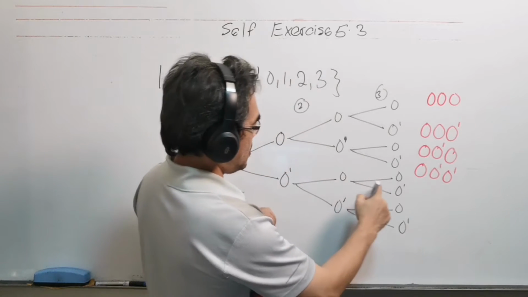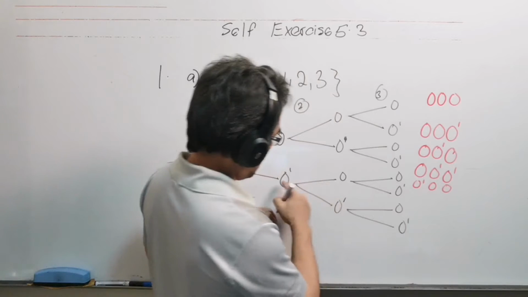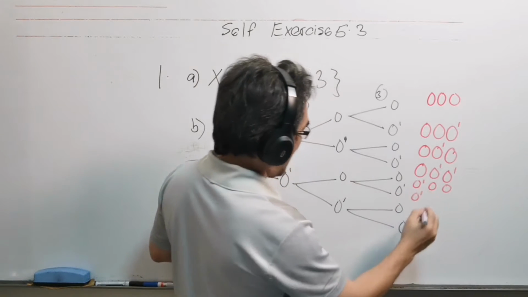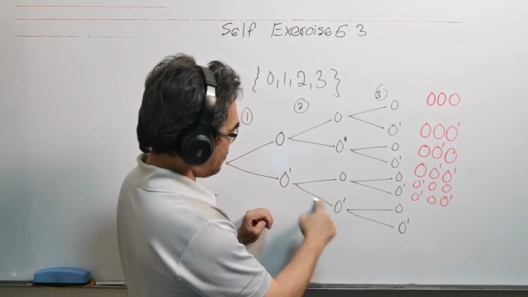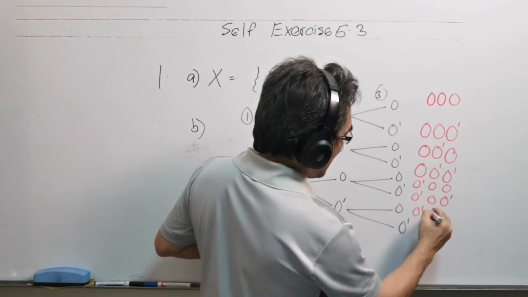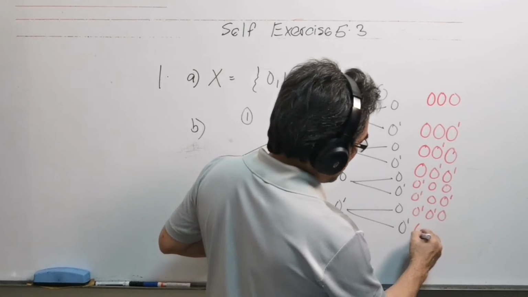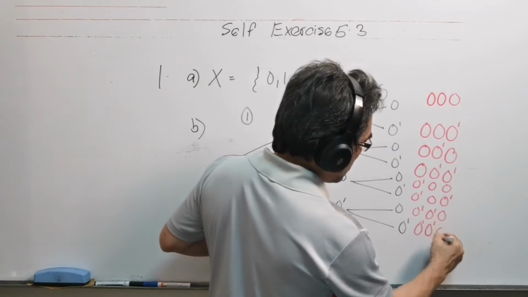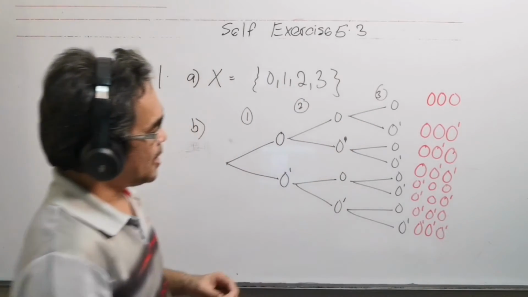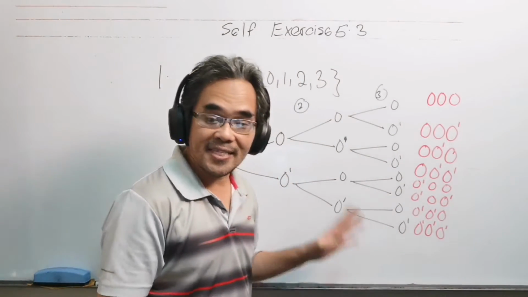And here we have O prime, O, O. Here we have O prime, O, O prime. We have here O prime, O prime, O. And then we have here O prime, O prime, O prime. Okay? I believe you have seen this before because these are the same thing.